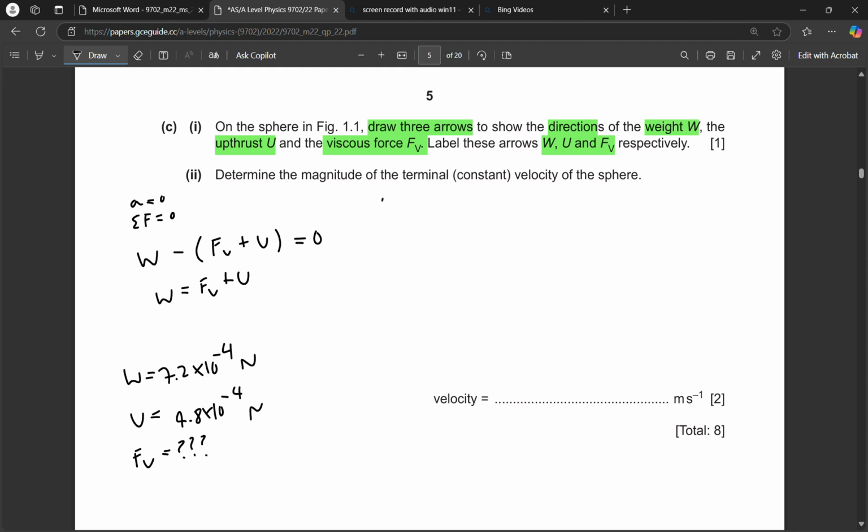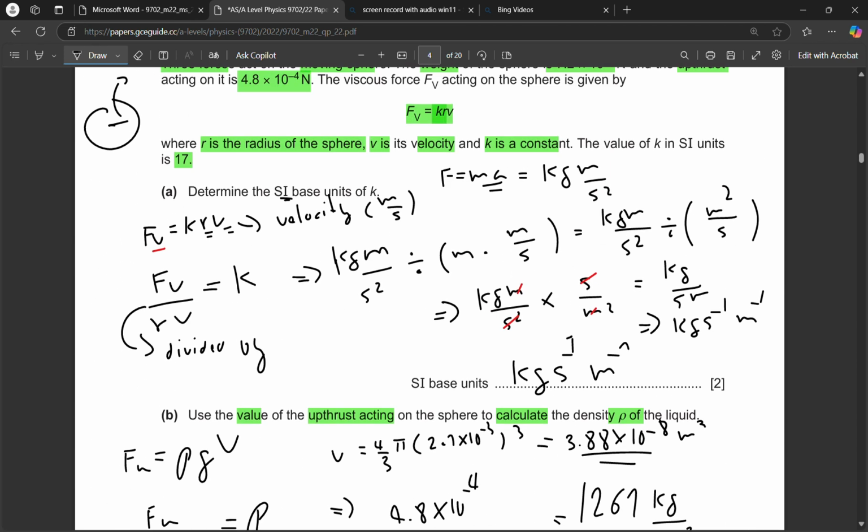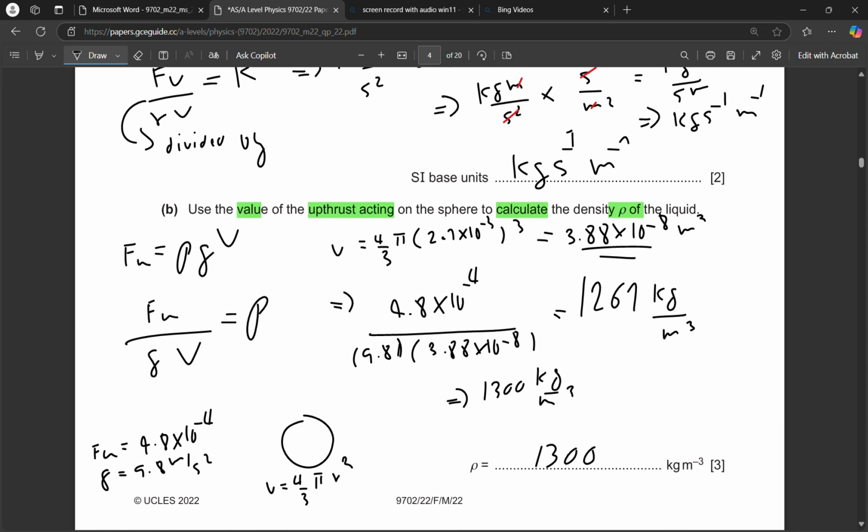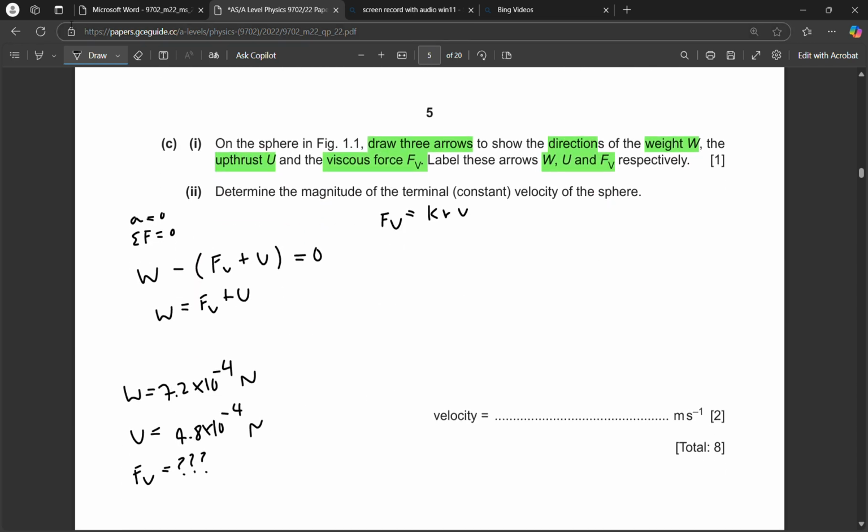So what we're going to do now is determine FV, because we need that in order to find the terminal velocity. So what's FV? Well, FV is just KRV. We could write down the expression for the viscous force, KRV. But actually, there's a better way of doing it.